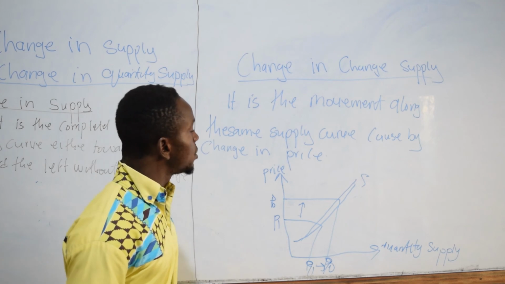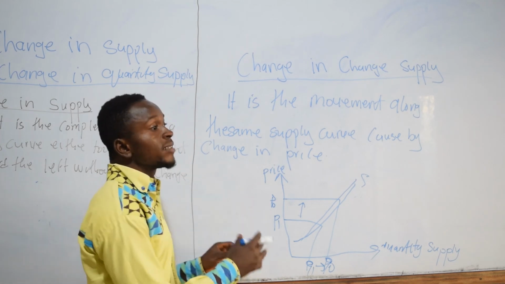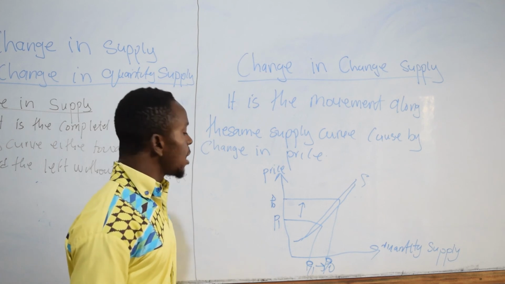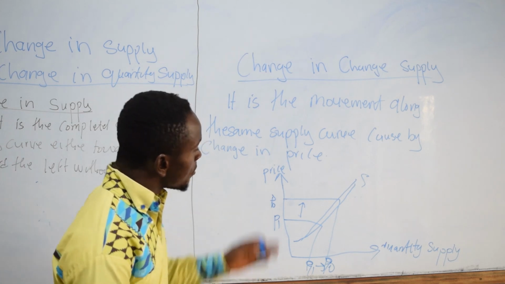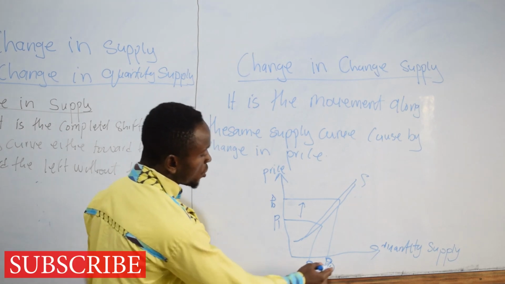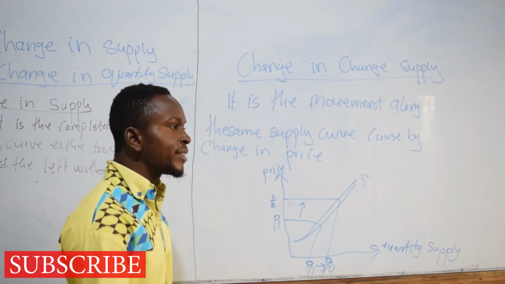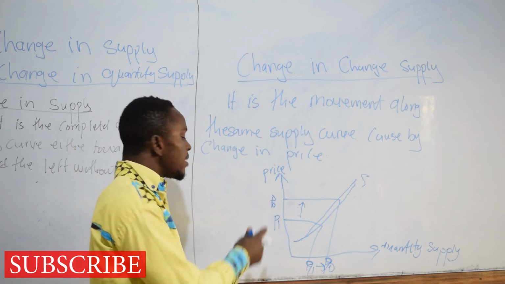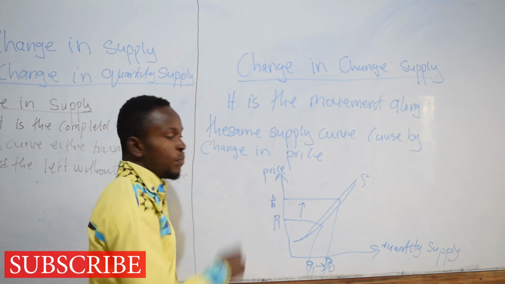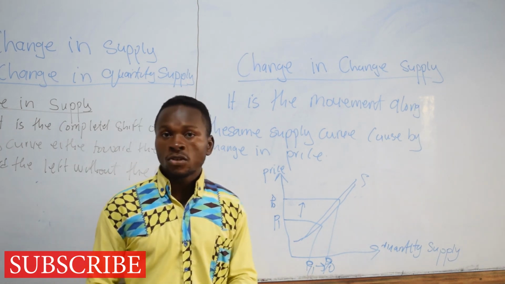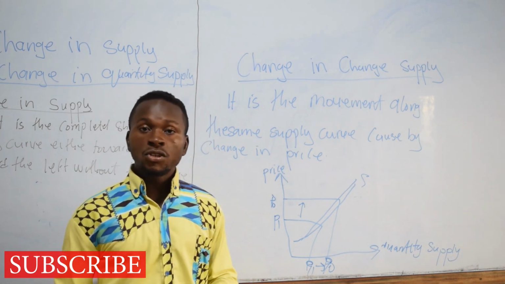From the diagram below, you can observe that the price is moving, but the quantity is also moving. So you can say from the diagram above, you can observe that from P1 to P0 indicates what? An increase in quantity supply as a result of what? An increase in the price of what? From P1 to P0.